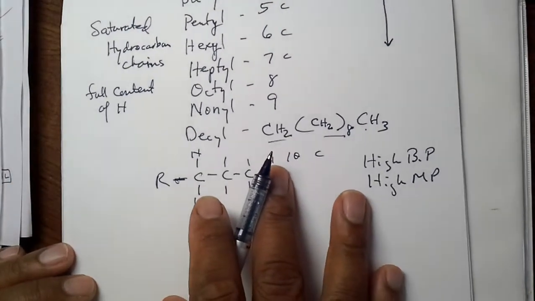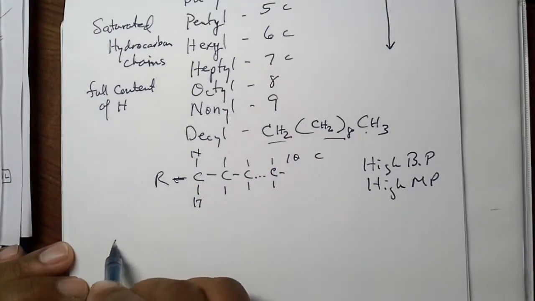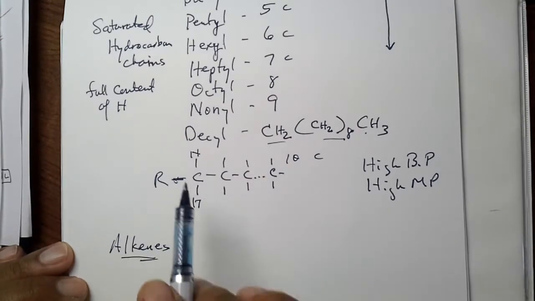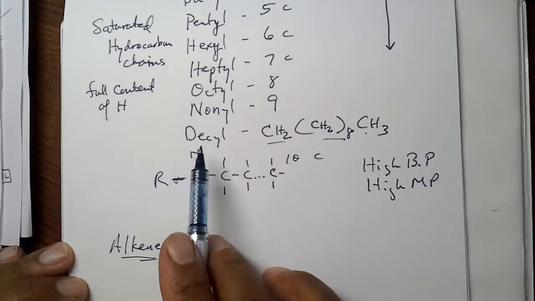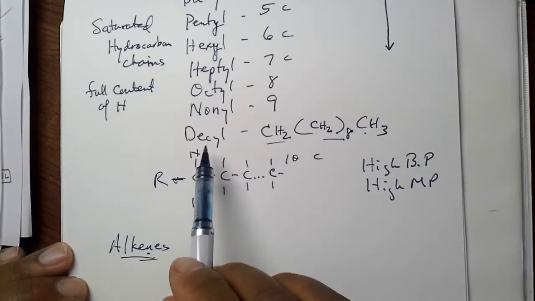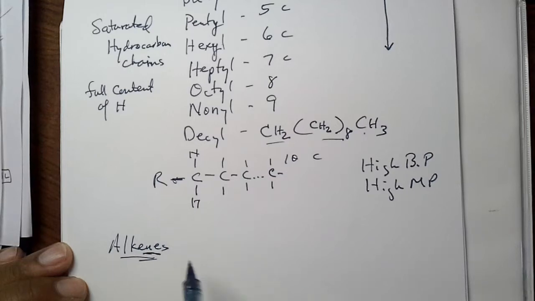When we talk about alkenes, we have the same nomenclature, except the suffix for these is usually ENE. Alright?